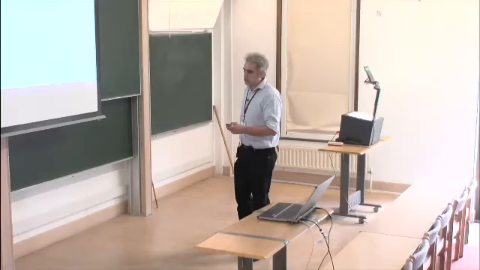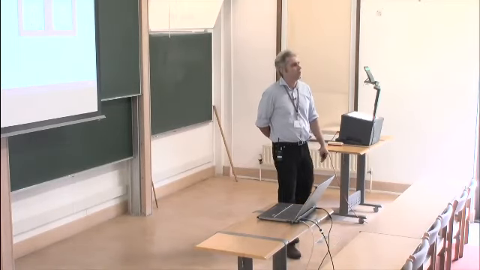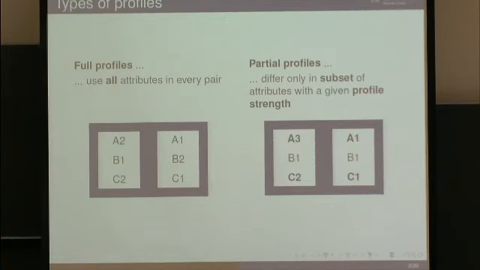So one suggestion has been to use the so-called partial profiles, which Peter already nicely introduced. And here in the partial profiles, we allow only a specific number of the attributes to have different levels in the pairs. Now here in my little example with 3 attributes, you see the first 2, the alternatives here and here have different levels for the first and third attribute, but for the second they have the same.